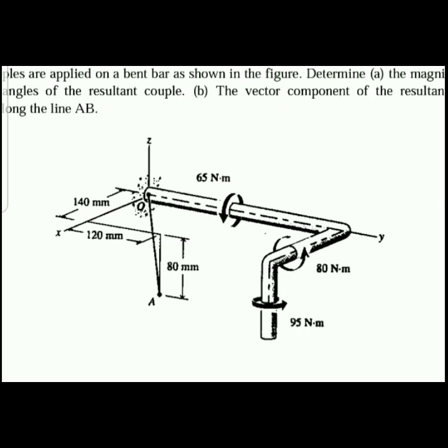So if we were to write these moments in terms of Cartesian vectors, we have 80 I for 80 Newton meter, then 65 J for 65 Newton meter, and 95 K for the 95 Newton meter. These will be the couple moments in Cartesian vector form, and these can be easily added.